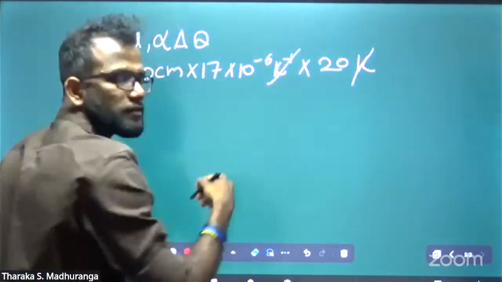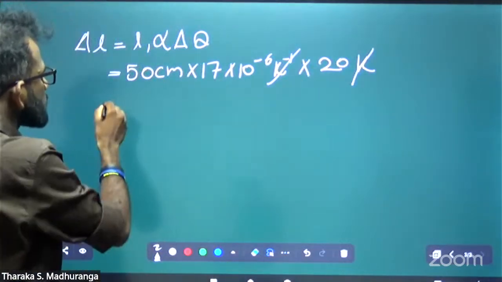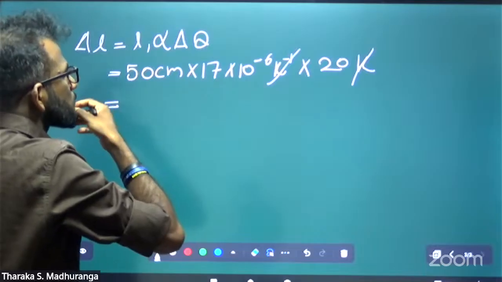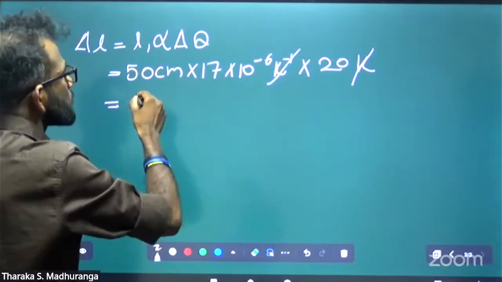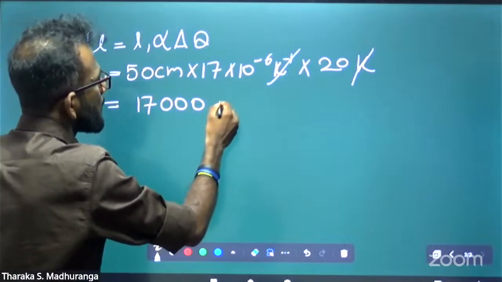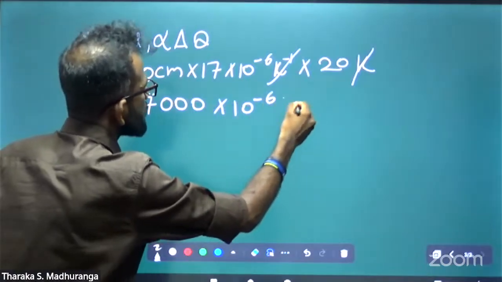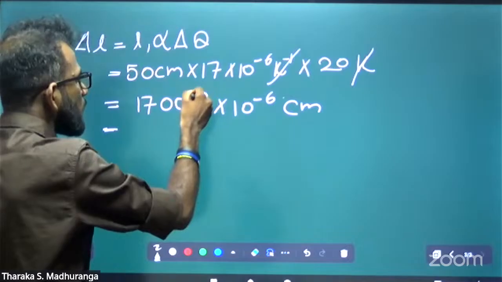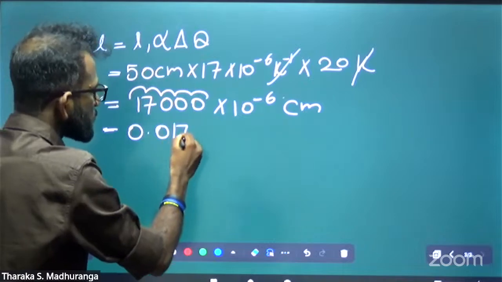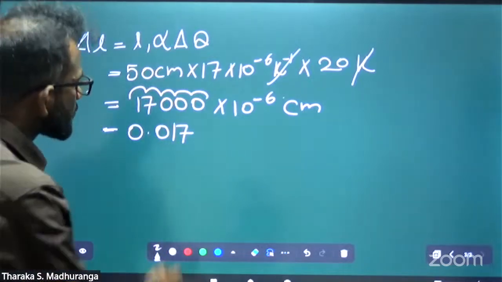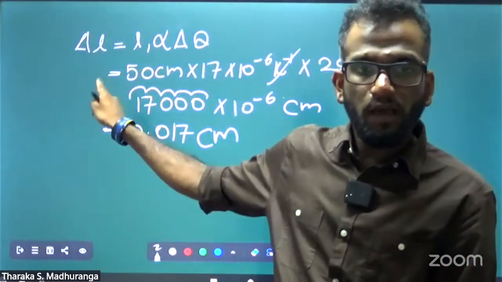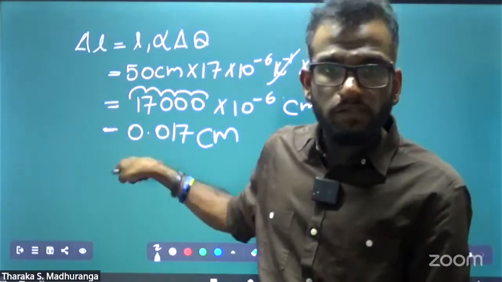Kelvin and Kelvin to the minus 1 cancel out. 50 times 20 is 1000, no? 1000 into 17 is 17,000. So 17,000 into 10 to the power minus 6 centimeters. This is the value: 0.017 centimeters. Because I substituted in centimeters, the answer also comes in centimeters.